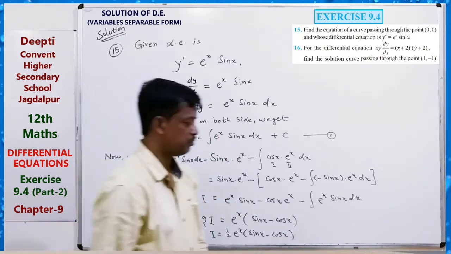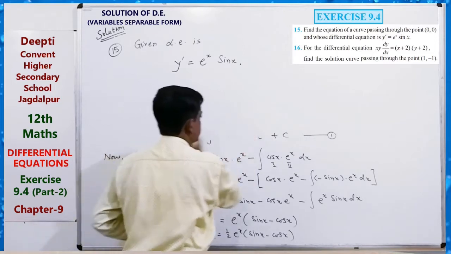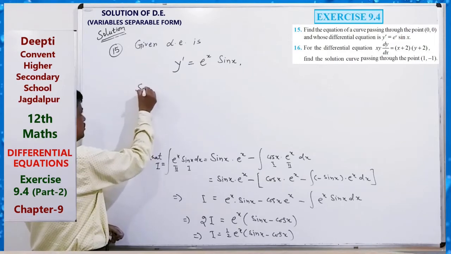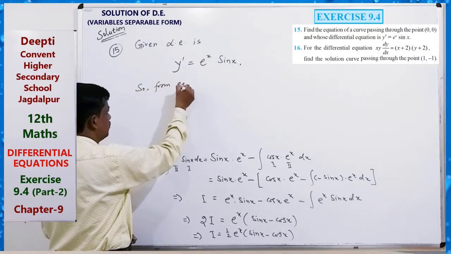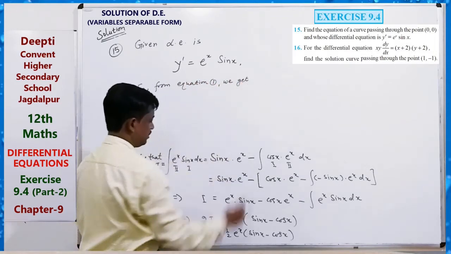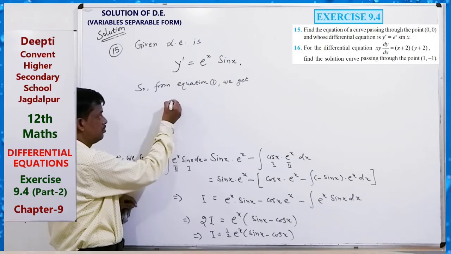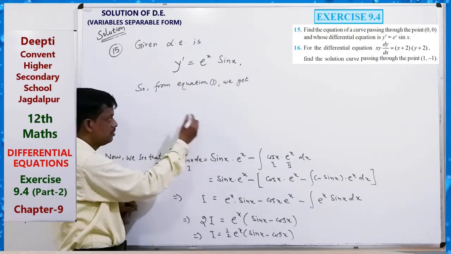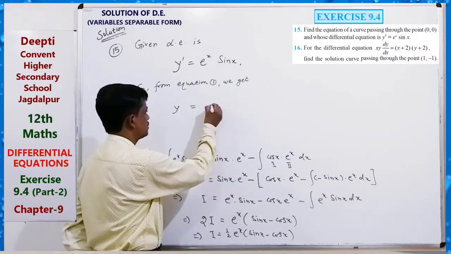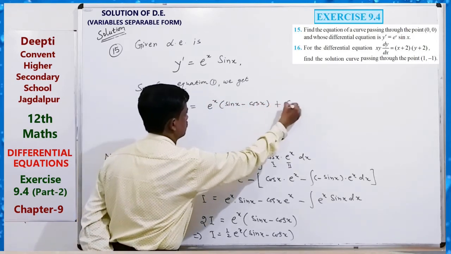So from equation 1, we get, equation 1 was the integral of dy, that is y, equals the integration of this I, which equals e to the power x sin x minus cos x, plus a constant.